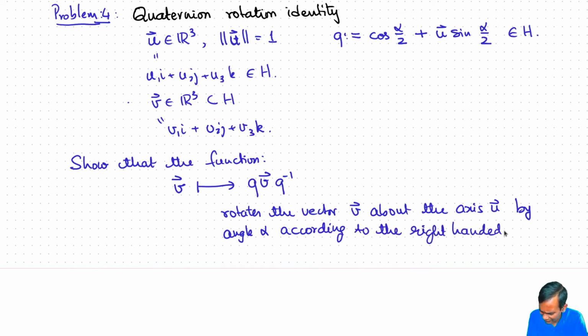So again, you look at my hand, the rule says that if my thumb is pointing in the direction u, then if alpha is a positive angle, the rotation will be by angle alpha in the direction indicated by my fingers. Okay, so that's the problem.